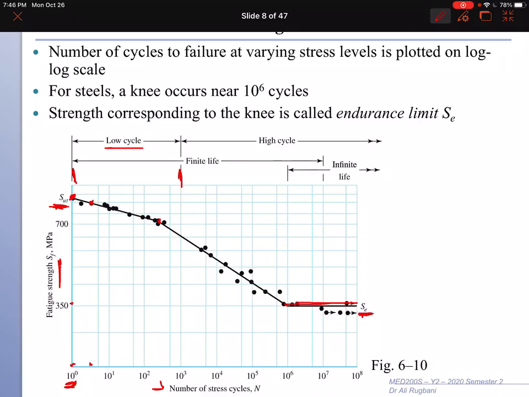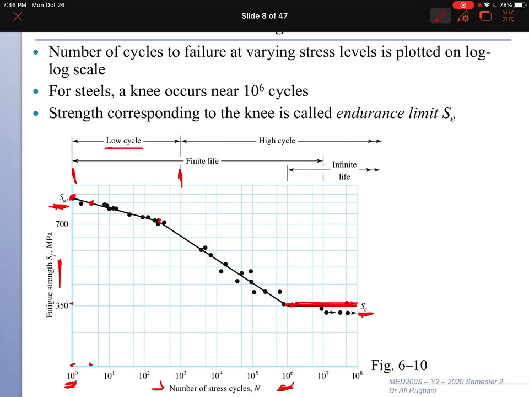If you know endurance limit, you can draw this line. This line starts from 1 million cycles. So any material that can give you 1 million cycles, you call infinite life. So a material will have infinite life if it can provide 1 million cycles.